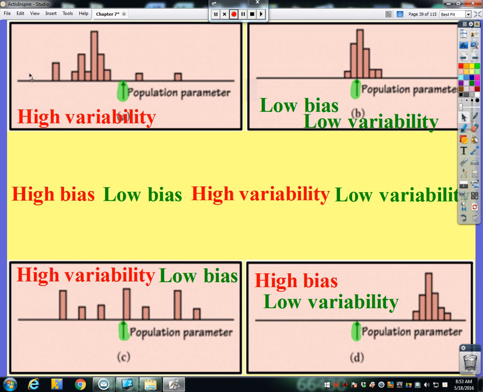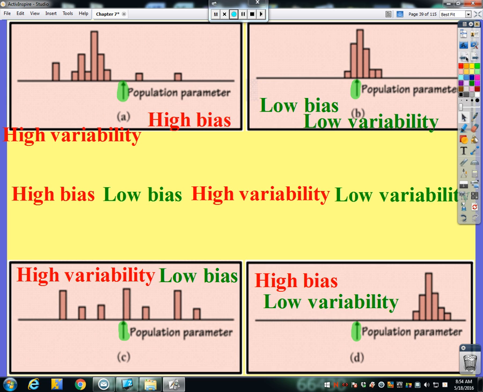This one up here, here's where most of the observations lie. So I can tell it's got high bias. It is off the mark and it's spread out. We still have some values that are to the right side of where we should be on the target. So here's how you can distinguish between low and high variability and low and high bias with respect to 4 different sampling distributions.